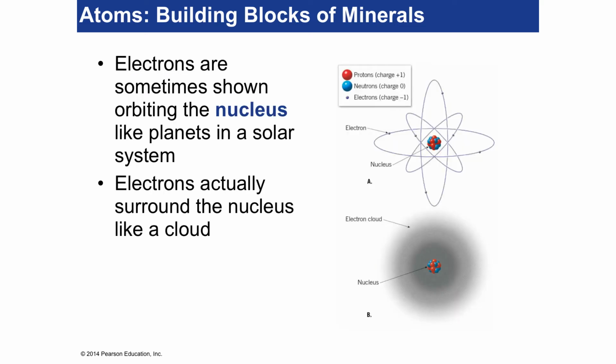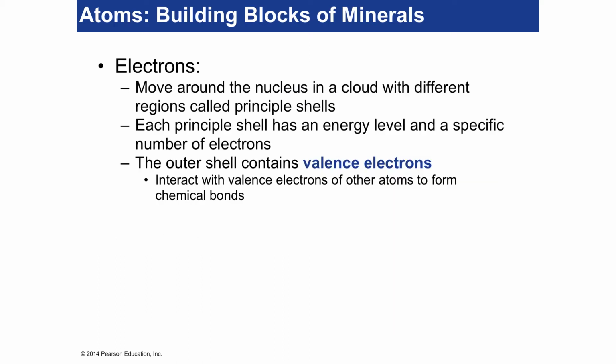The electron is going to be attracted to the proton that's in the nucleus. The protons and neutrons stay in the nucleus, and the protons are held together by a really strong force, stronger than electricity, stronger than magnets, called the strong force, believe it or not. And they are held in the nucleus, and the electrons orbit around the nucleus. So they don't spin like a train on a train track.